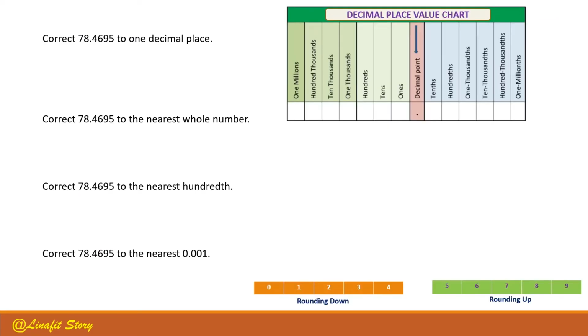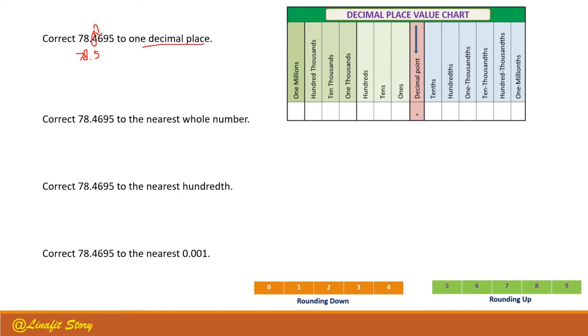And this one, correct 78.4695 to one decimal place. After 4 is 6, so round up. So the answer is 78.5. Do we need to put 0, 0 here? No need. Why?